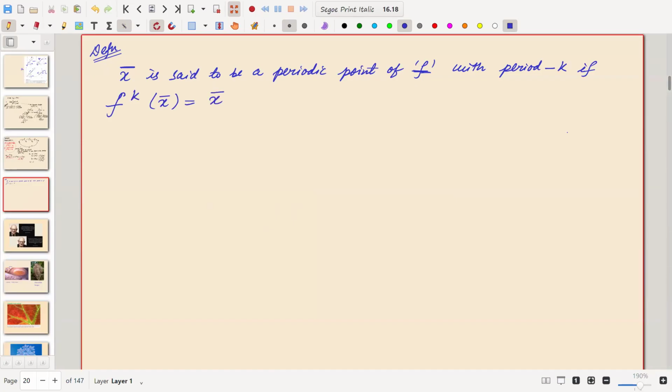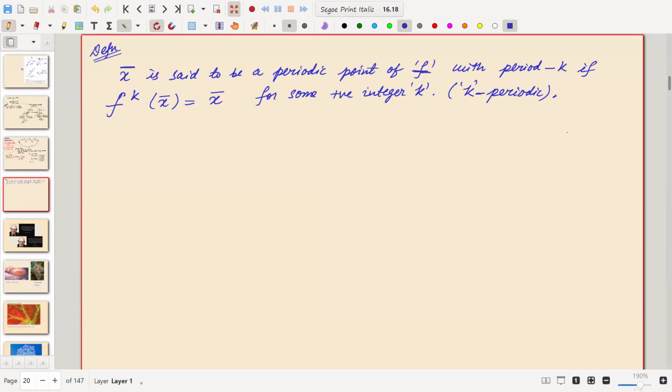That's what we saw in the previous slide. For some positive integer k, this happens, and it is known as a k periodic point.